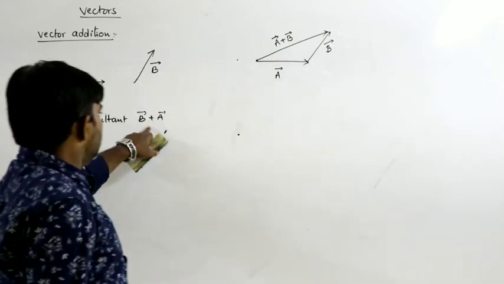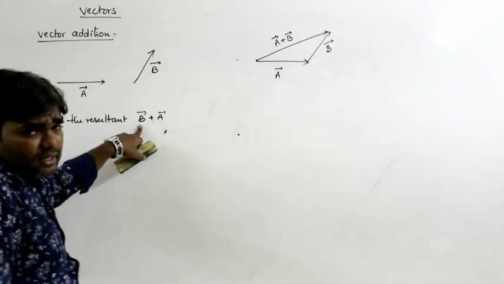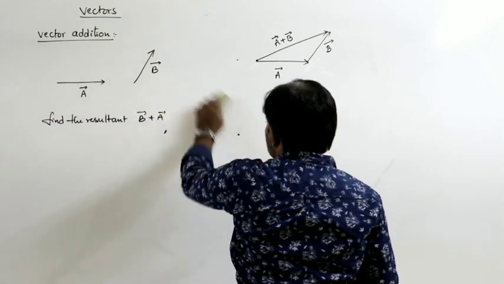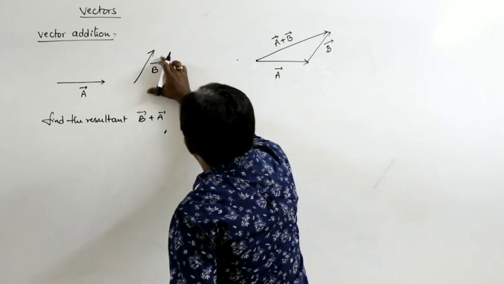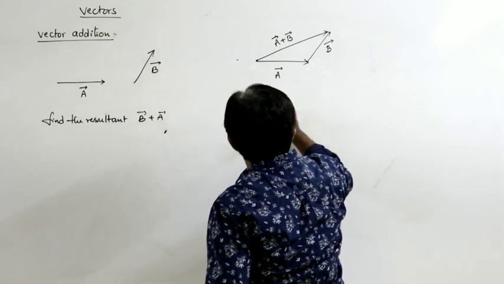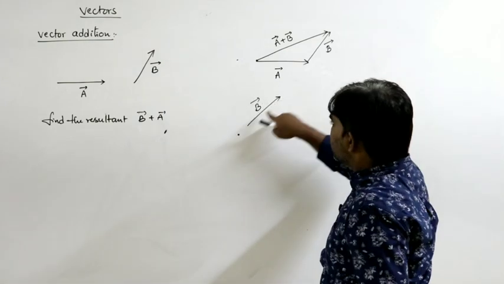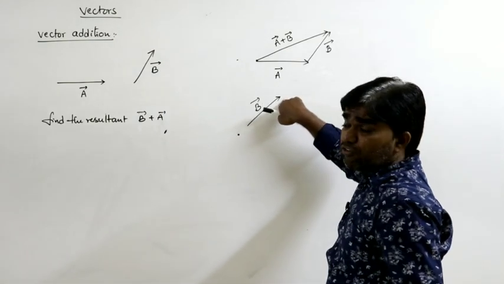Now we can calculate B bar plus A bar. What is the first vector here? B bar. What is the second vector? A bar. First I am considering B bar. This is the vector B bar here. So this is the starting point of B bar and this is the ending point of B bar.